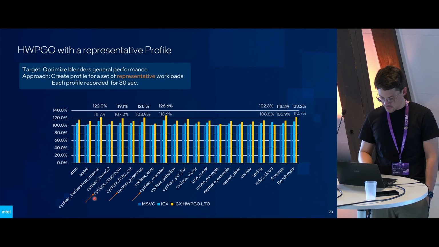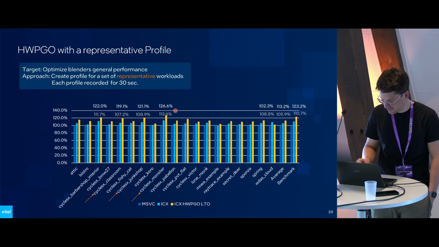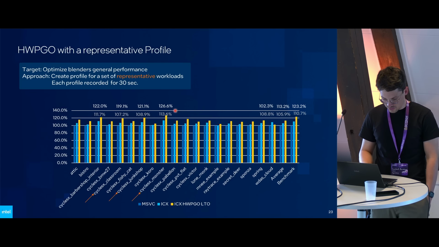As profile, I use the 3 scenes from the Blender benchmark to create the profile. And you can see that these 3 scenes have the highest gains, which makes sense because we profiled them. Especially for the monster scene, it's a 26.6% speed up. But you can also see that we have a good speed up for other scenes.